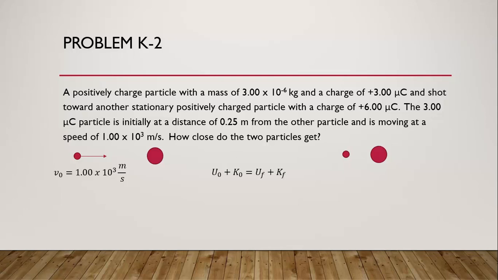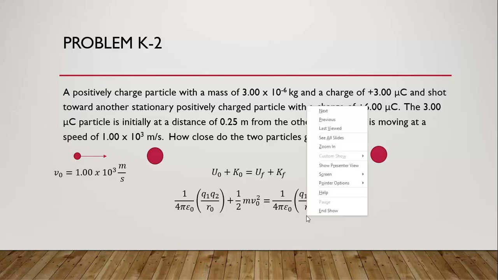Let's use conservation of energy: potential energy plus kinetic energy equals potential energy plus kinetic energy. We can plug in our potential energies: Q1 Q2 over R0, which is 0.25 meters, and 1/2 m V initial squared, where V initial is 1,000. K final I'm going to define as 0, since I'm looking for when this particle gets to 0 meters per second. So really I'm solving for R final.